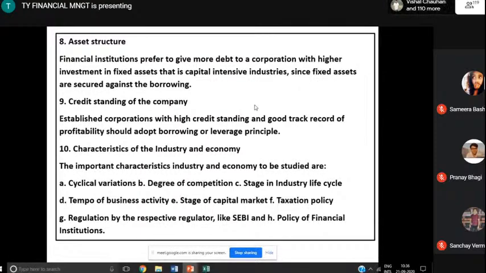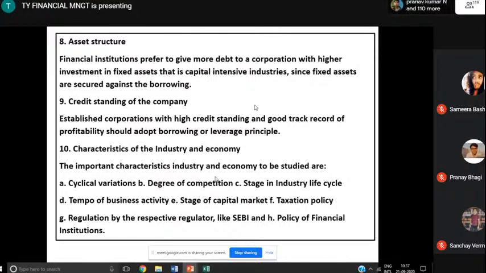Last factor, the tenth factor. You have to look at the economy and the industry. Without that, you cannot take any decision. Characteristics of the industry and economy. The important characteristics to be studied here are cyclical variation. Presume that after this hotel management course you become a bank manager, a probationary officer in a bank.